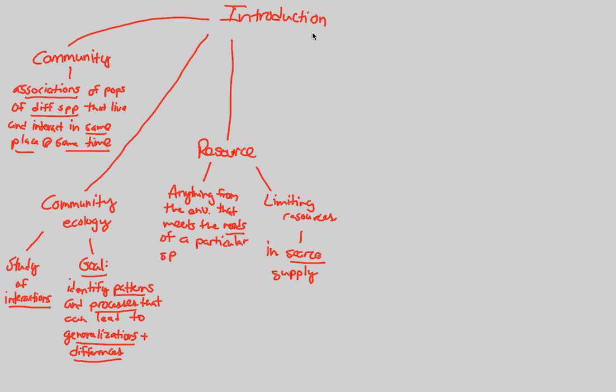with this lecture. Final idea to understand about community ecology is the idea of an ecological niche. So it's called an ecological niche. And this idea was mainly proposed by a man by the name of Eugene Odum.